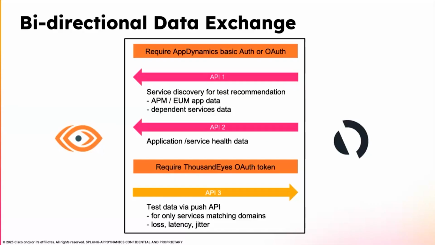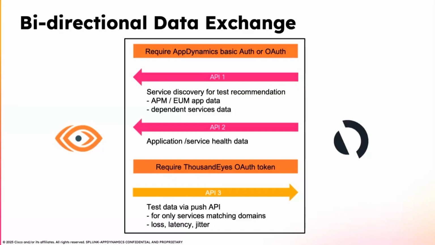The third and final data exchange happens, in fact, the other way, where ThousandEyes will send data to AppDynamics when you're trying to view a browser. For example, you go to the browser real user monitoring dashboard in AppDynamics, and that is where we display the ThousandEyes metrics, or I would say the network metrics like loss, latency, and jitter. So these are the three main core metrics that are passed from ThousandEyes to AppD.